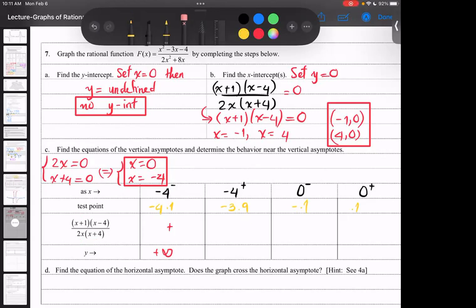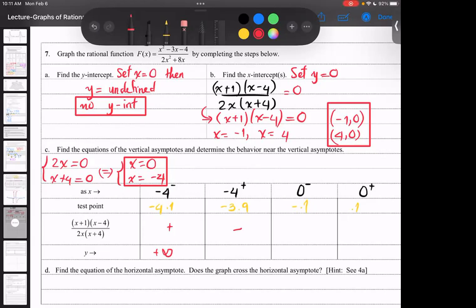All right, negative 3.9. Negative, right? Negative, negative, so that's positive on the top. Negative, positive, right? So positive and negative is negative. Negative 0.1, positive, negative, so the negative on the top. Negative, positive, so negative on the bottom.